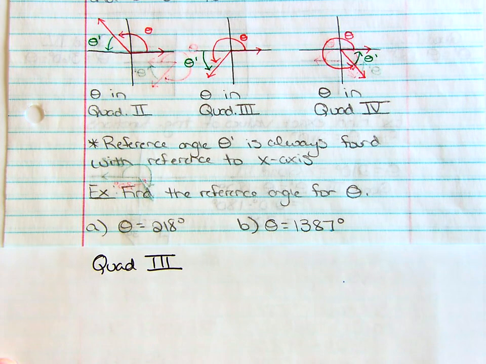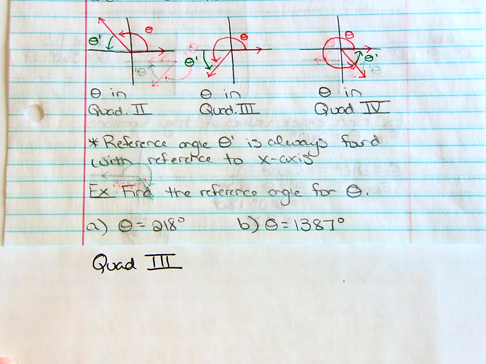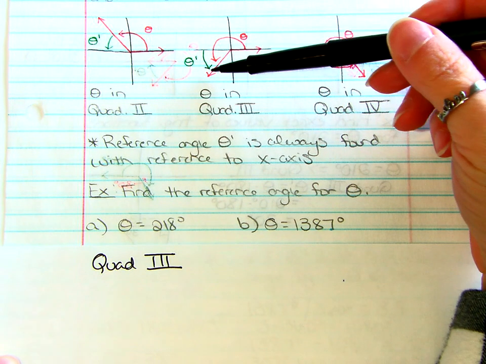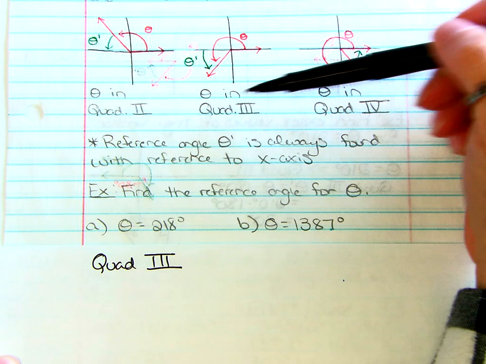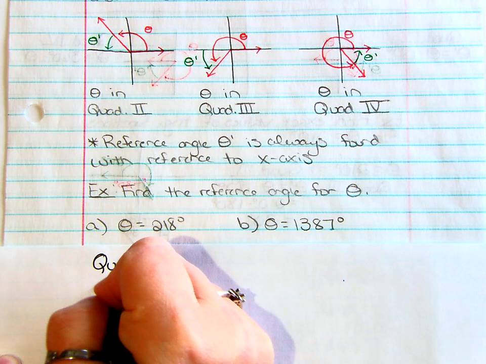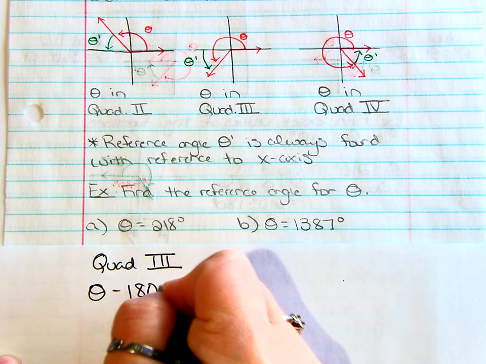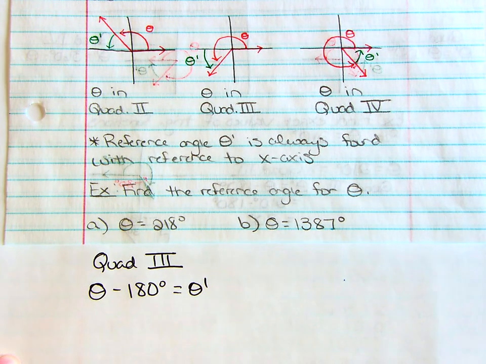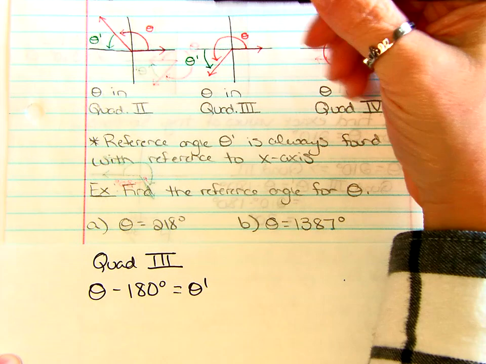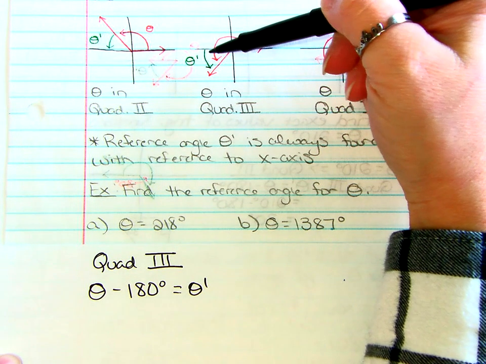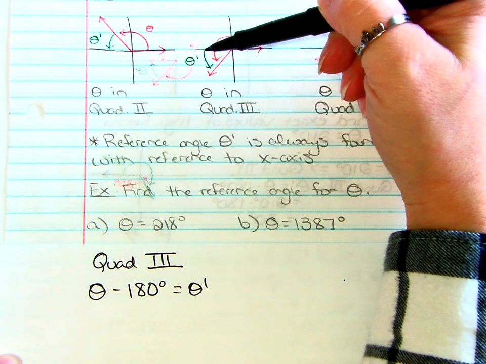And if you're in quad 3 and you're making a reference angle, notice you're going to fall over here. It's going to look like this middle example. The easiest way to find your reference angle is to take theta minus 180 degrees, because you are making your reference angle based on the x-axis, and if you're in quadrant 3, that means you've gone 180 degrees so far.